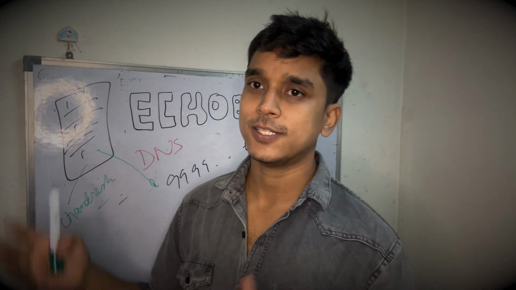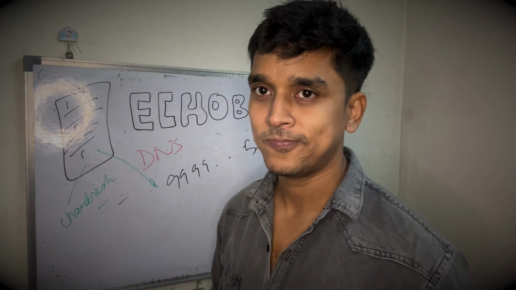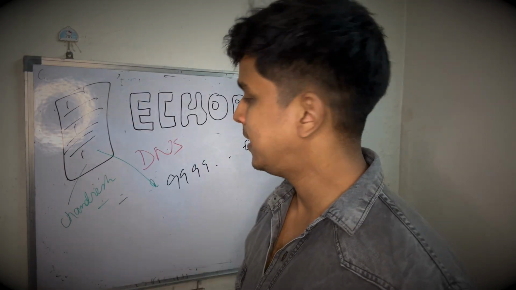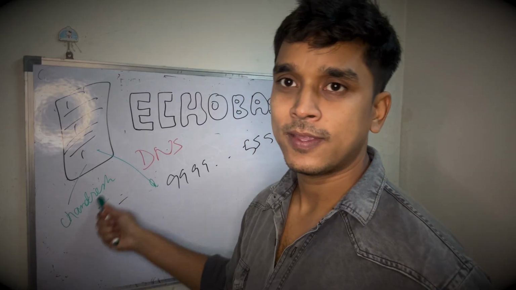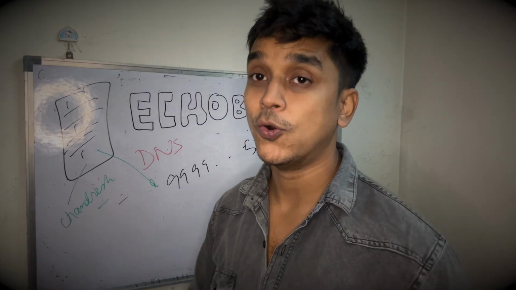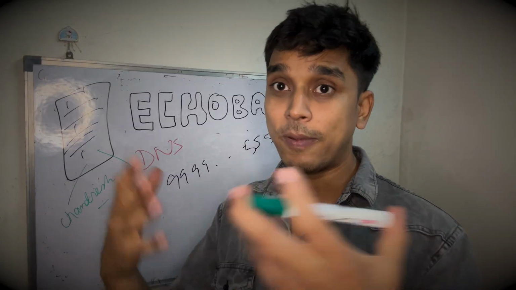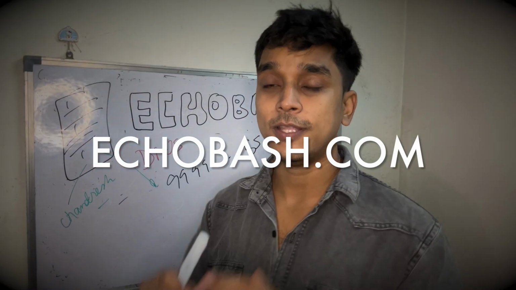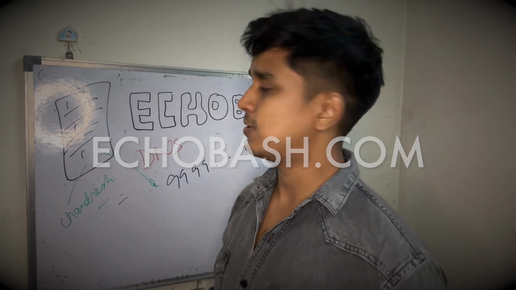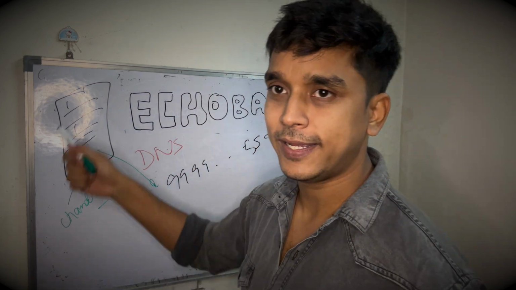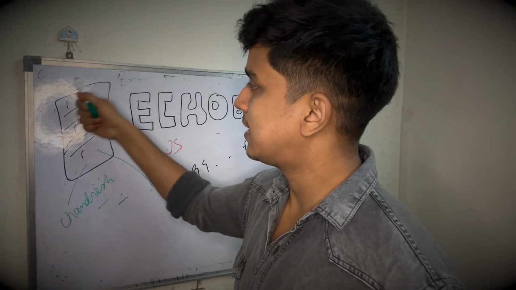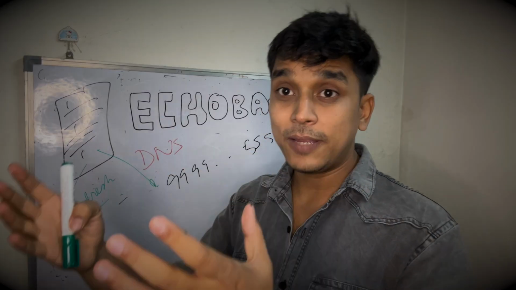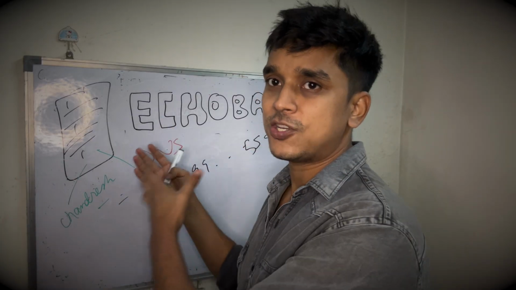So this is what DNS is. Here the phone book is DNS, and my friend's name is the domain name of a website, for example echobash.com. If you put echobash.com in the URL bar of any browser, you are basically asking DNS, can you give me the IP of echobash.com?